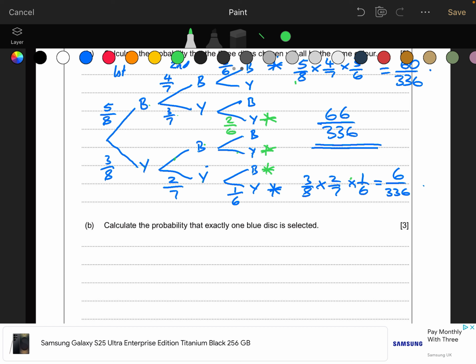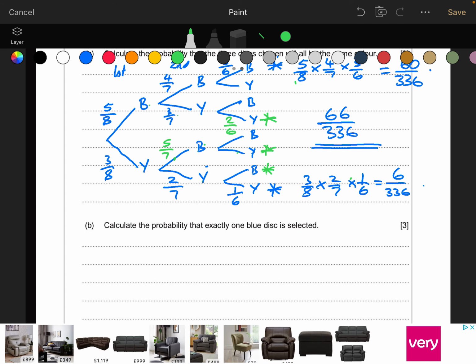So I've got to get a blue the second time after drawing a yellow the first time, there will still be 5 blue ones left out of 7 in total. And if I've drawn a blue one out, a yellow one out and a blue one out, then the yellow one the next time, there's only 2 yellow ones out of 6 left there.